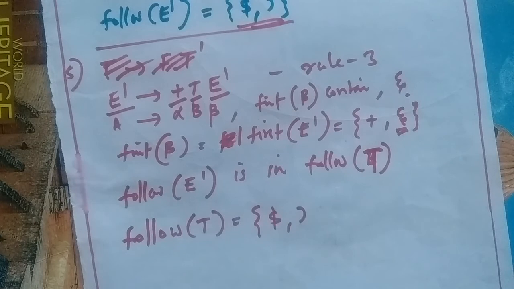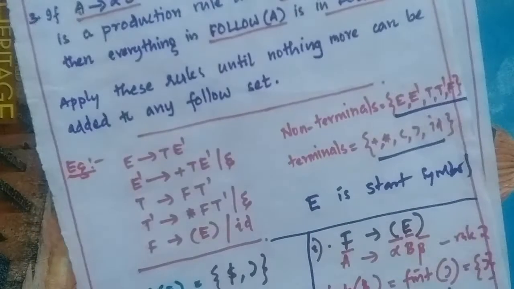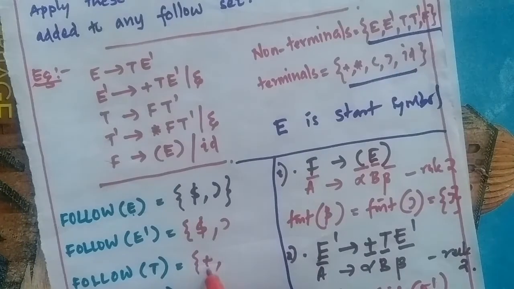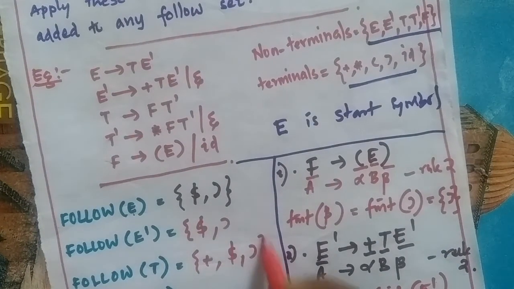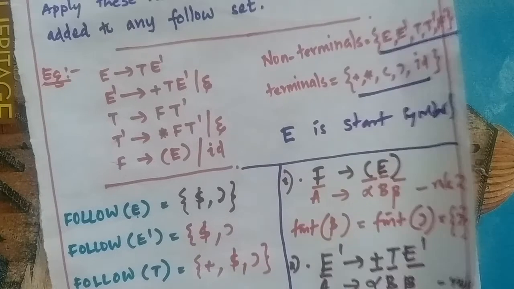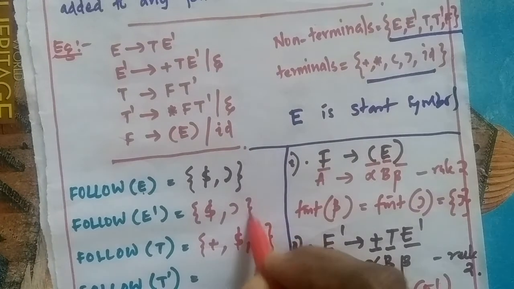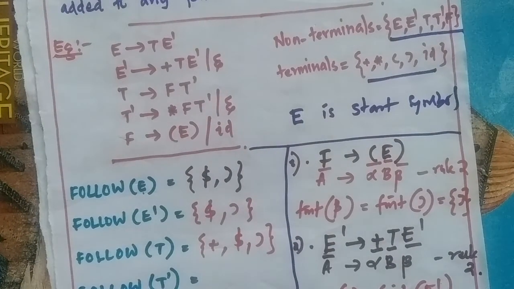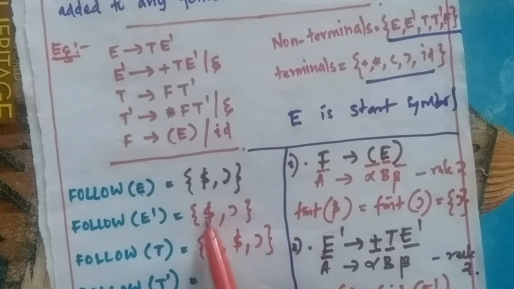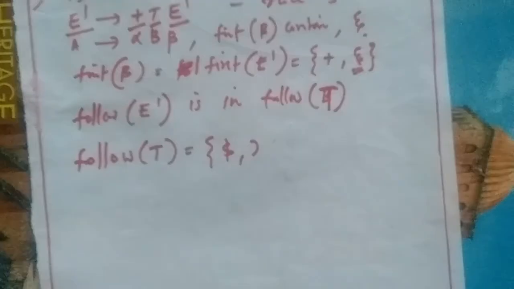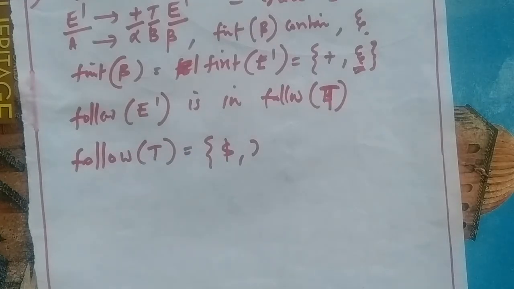We will write here, already plus is there in that set, so we will write dollar and right bracket. Here it is finished. No more rule you can identify to increase the number of terminal symbols in follow of E dash. So that's why I closed. Otherwise you need to continually apply this rule to find out follow.